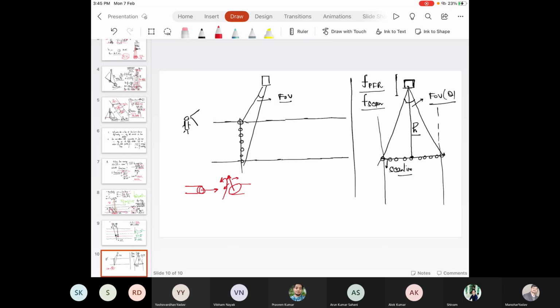So in one rotation, let's say the rotation is confined within this. How many rotations are there by the mirror in 1 second? It is called the scan frequency.